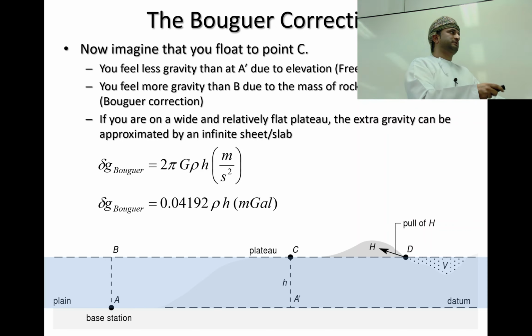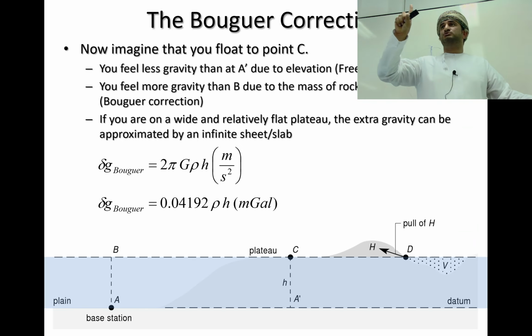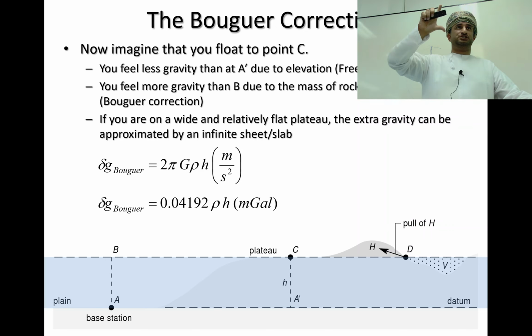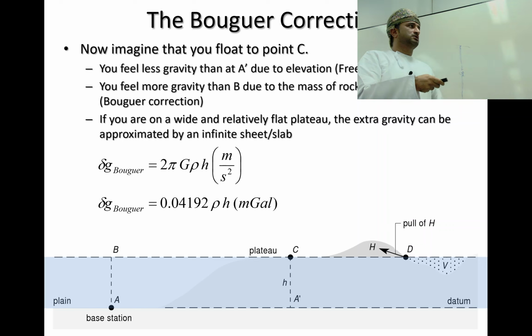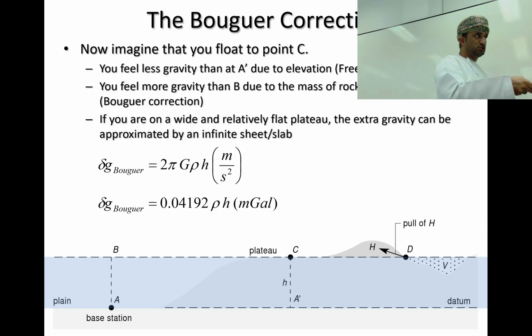If I calculate it per milligal, I need to know two things. For free air correction, how many parameters do I need? Elevation. For Bouguer correction, I need two different parameters. One of them is the density of this rock.